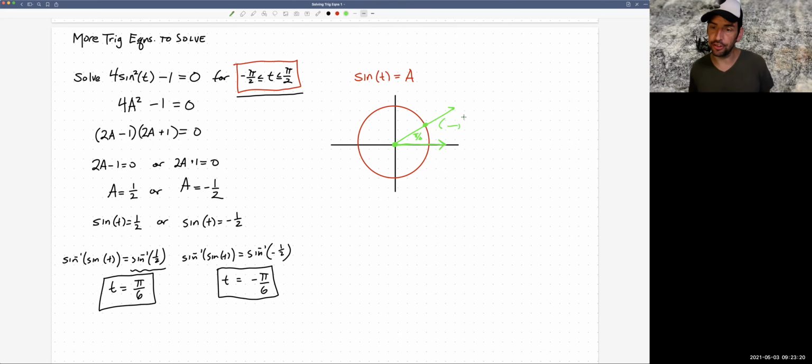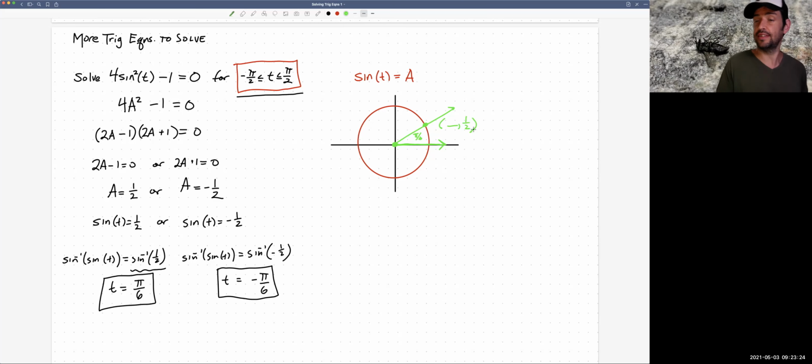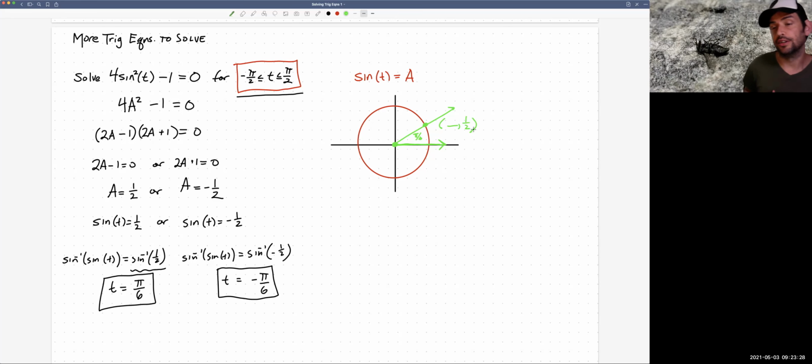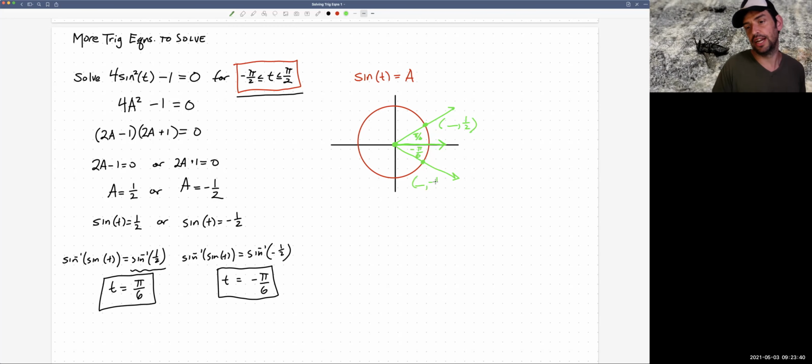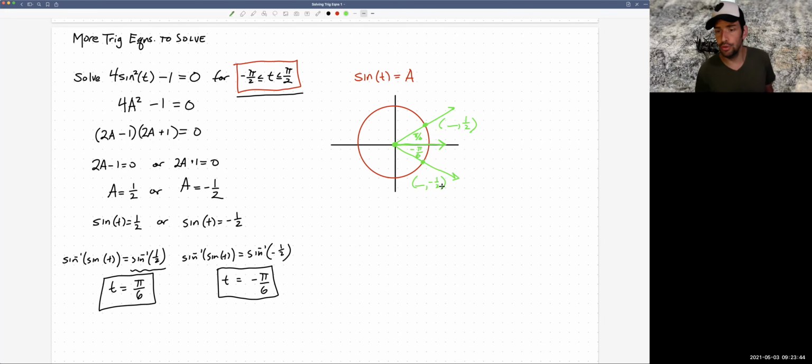It doesn't really matter right now, because all I cared about was the y-coordinate, because we're looking at sine. This is telling me that for the angle pi over 6, the value of sine of pi over 6 is 1/2. And then there's a reflection over the x-axis that has negative 1/2 as its y value. And those are the two answers we just got.